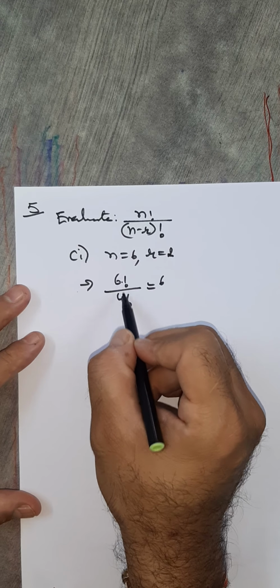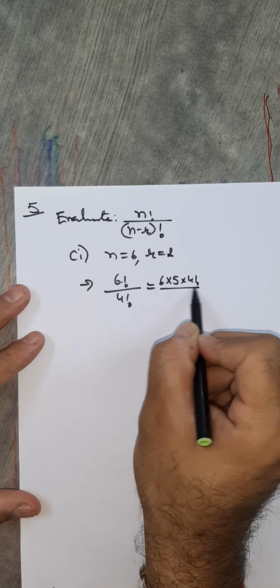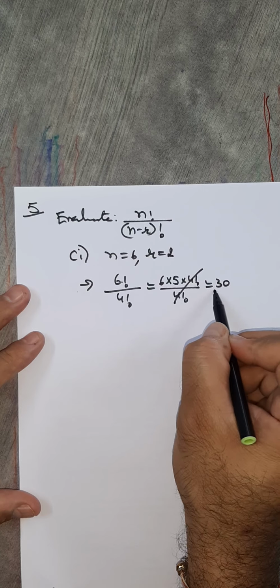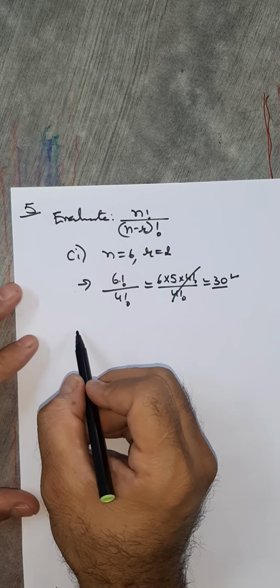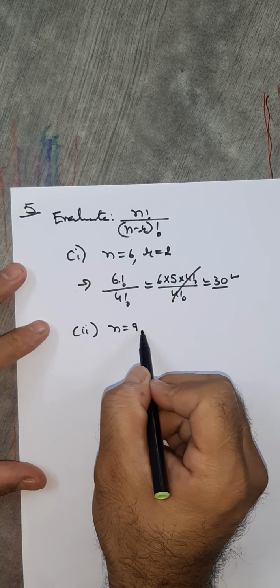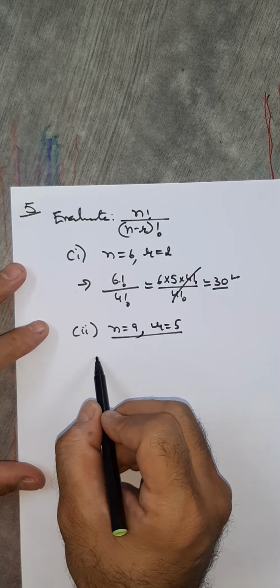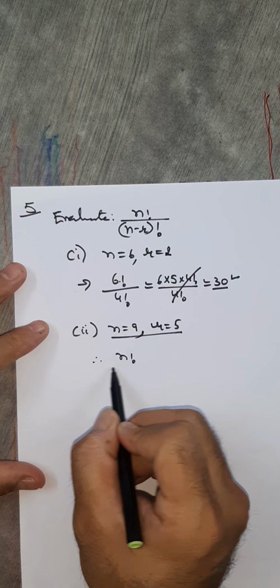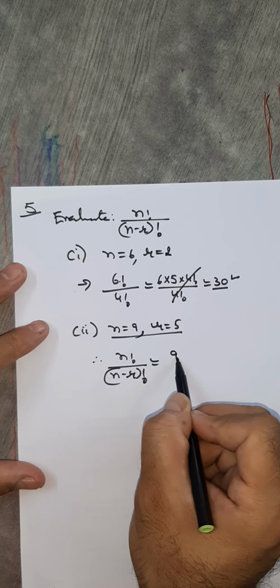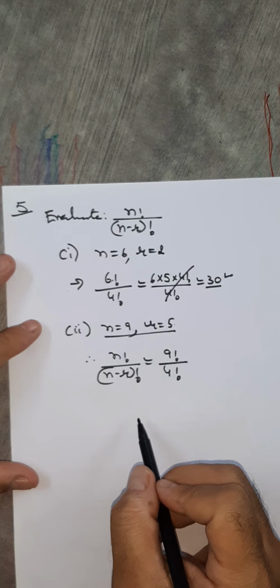So bigger into smaller: 6 into 5 into 4 factorial upon 4 factorial. This will get cancelled. 6 fives are 30. Okay, next one here. n is 9 and r is 5. So n factorial upon n minus r factorial equals 9 factorial upon 9 minus 5, 4 factorial.